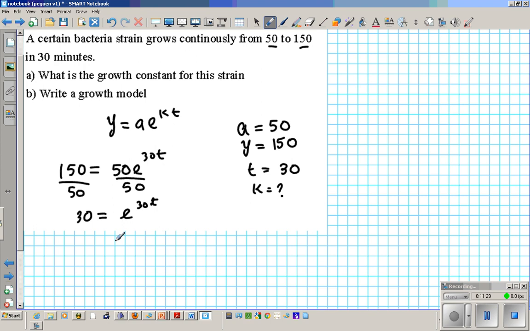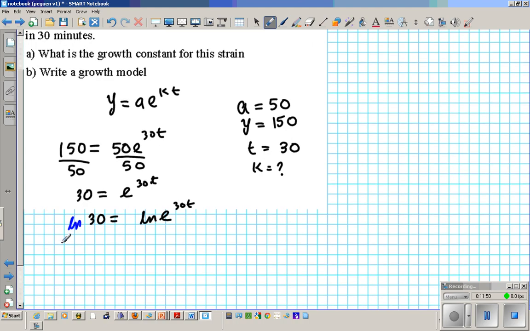Now the inverse of e is natural log, so I take the natural log of both sides. Natural log of 3 equals the natural log of e to the 30k. Alright? So e and ln on the right side cancel out. You're left with the natural log of 3 equals 30k.